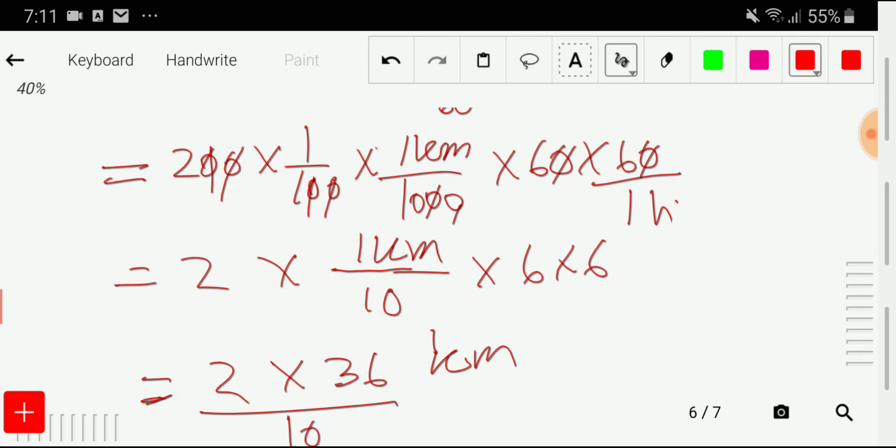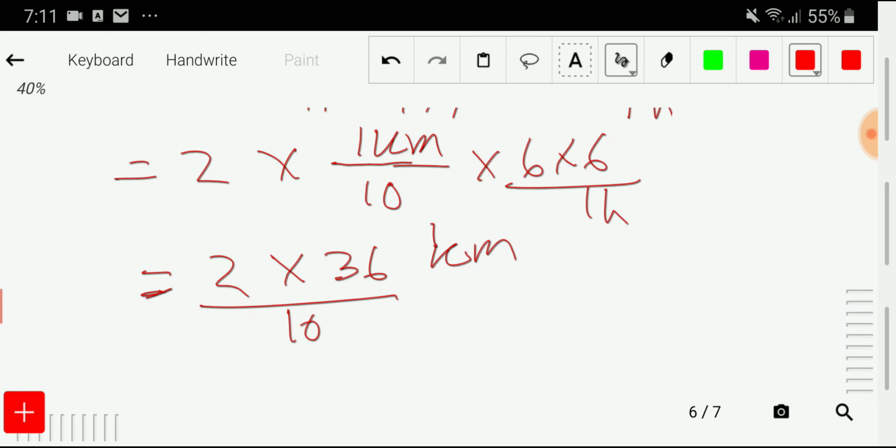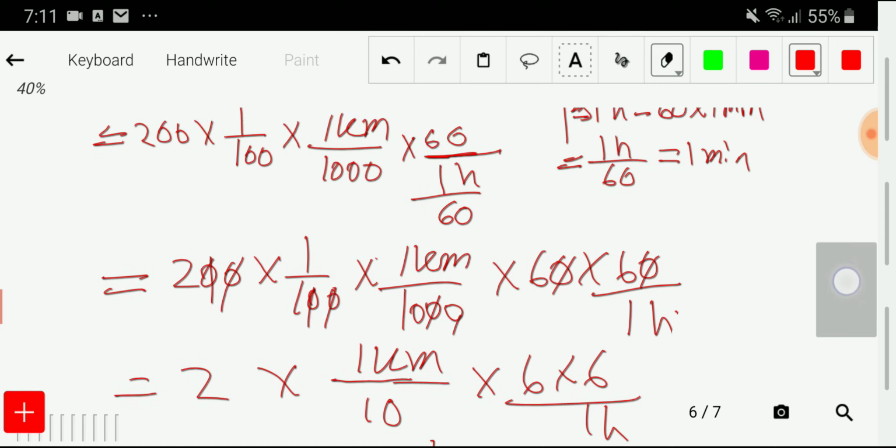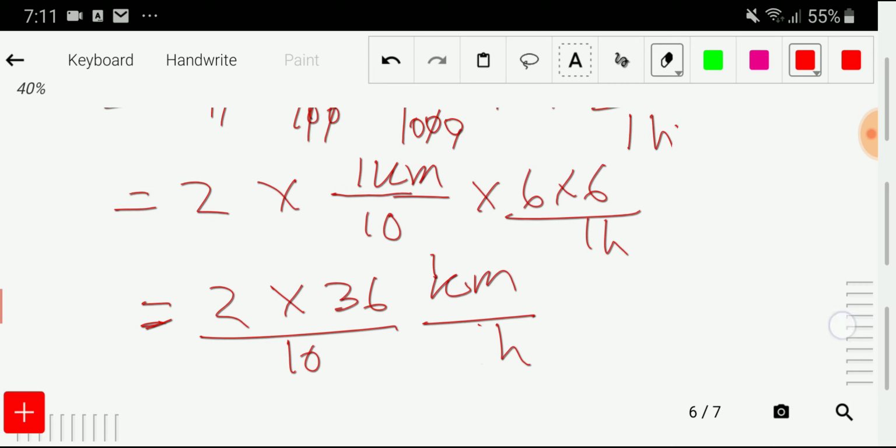Here we have 1 hour, which you can delete, as we can automatically assume it. So 6 times 6 is 36, times 2, divided by 10.